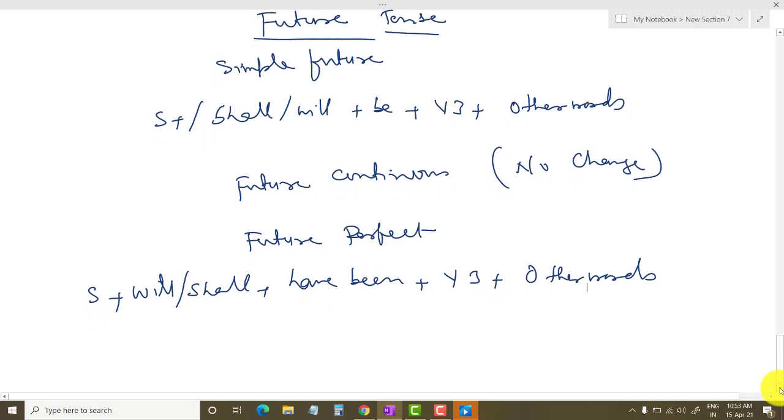Now we will change of voice in present tense.